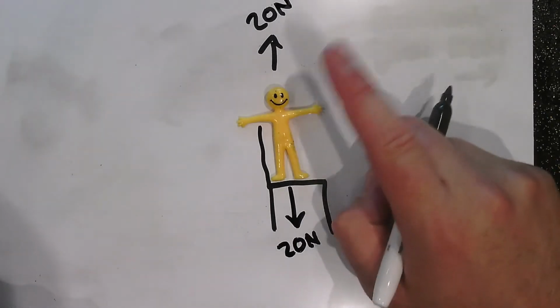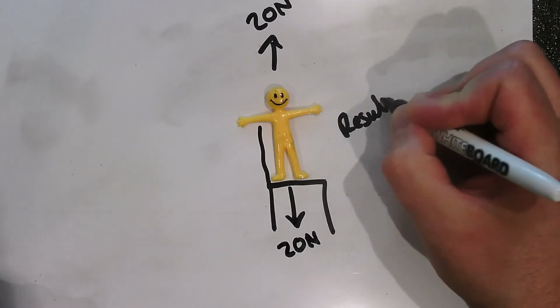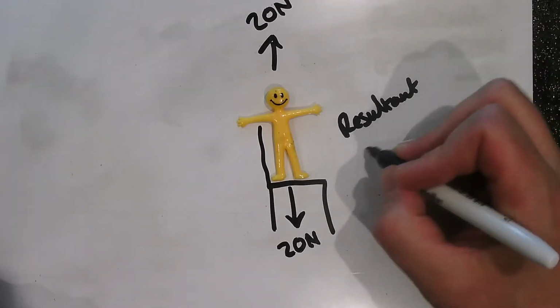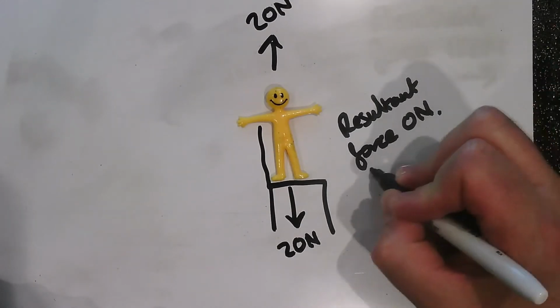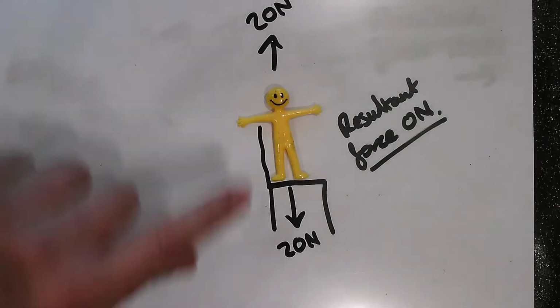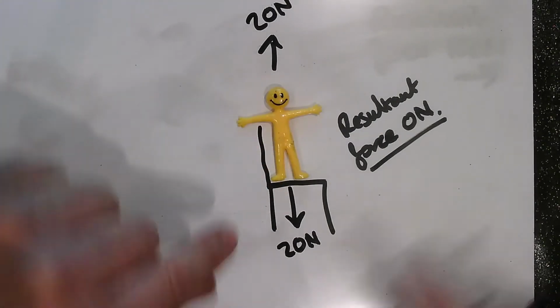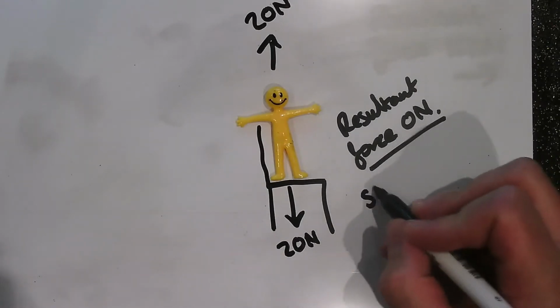So overall, the resultant force in this case is going to be 0 newtons. Never forget the units. Stood on a chair, the forces are balanced, and the resultant force is 0. The S that we're going to go for here is stays same.